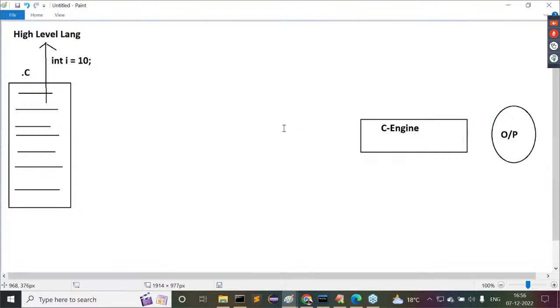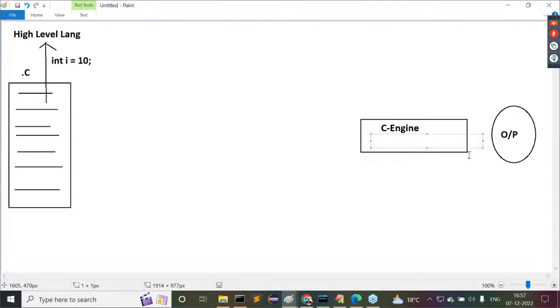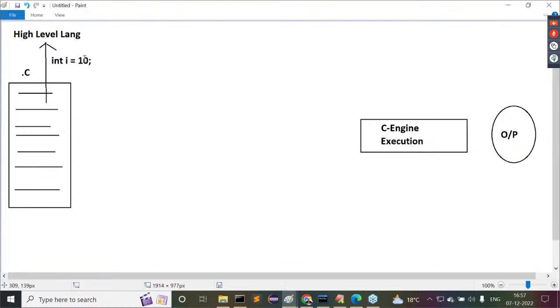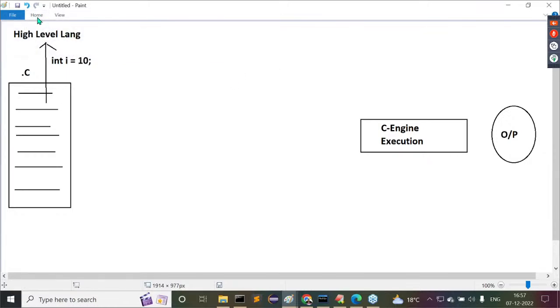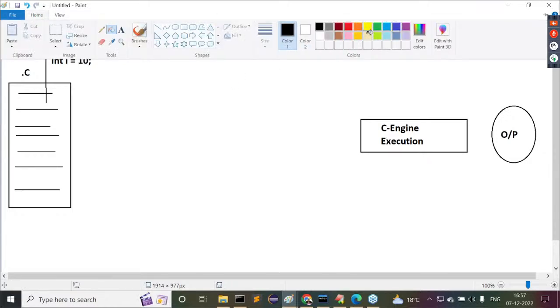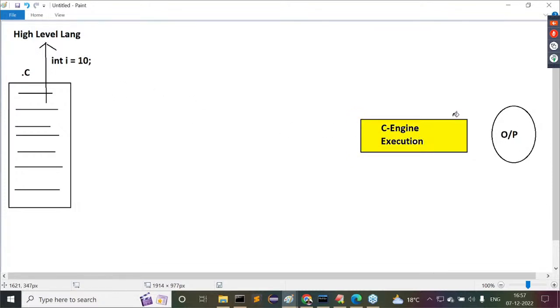The C engine is a machine. It is executing our program. Guys, all of you are following my point now? The C engine is performing the execution. Observe carefully what I am telling you now. This is exactly the meaning of execution.